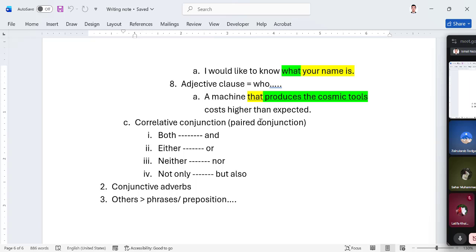Both and, either or, neither nor, not only but also. So these were the correlative conjunctions that we may use to connect two sentences to each other inside a paragraph or essay.